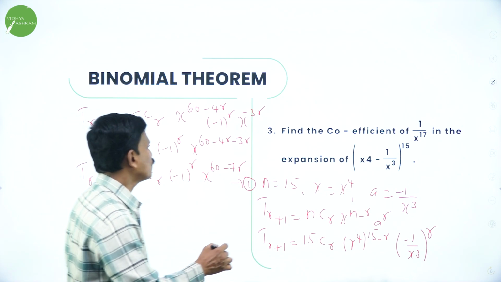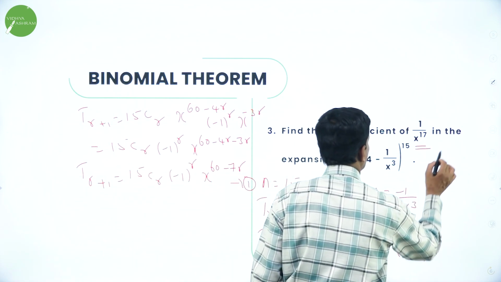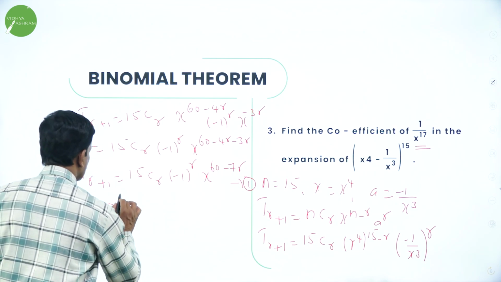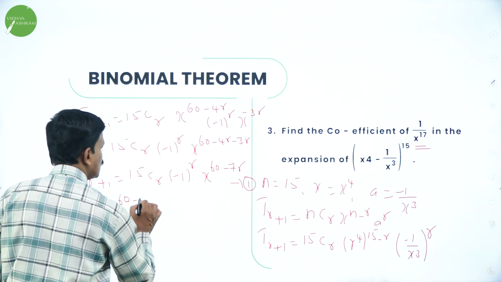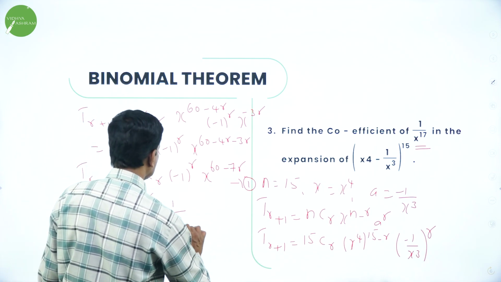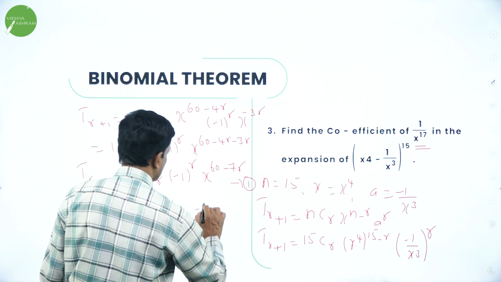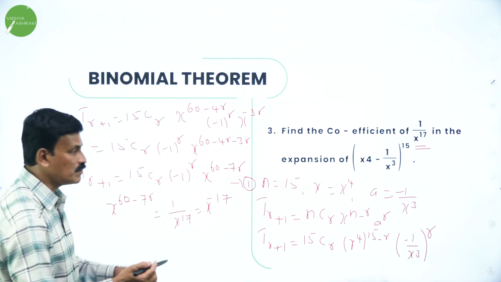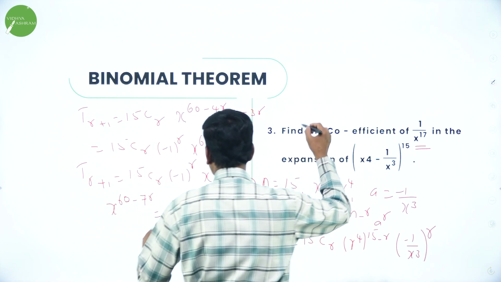Okay. Now what is to find? So to find the coefficient of 1 over x to the power of 17, equate it. So x to the power of 60 minus 7r is equal to 1 over x to the power of 17. That is nothing but x raised to minus 17. So when the bases are same, means powers are also equal. Now equate it.